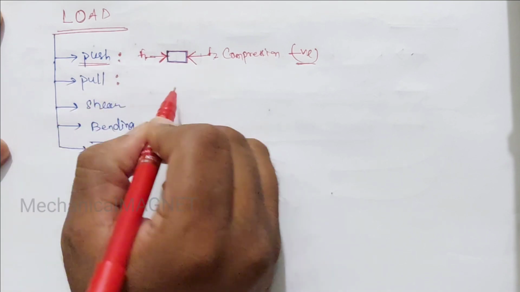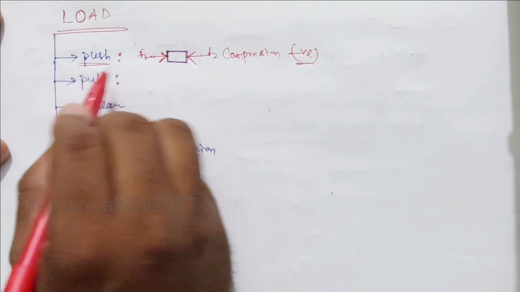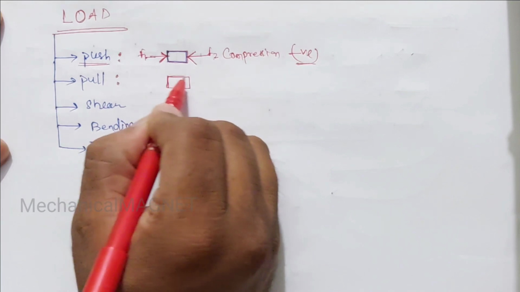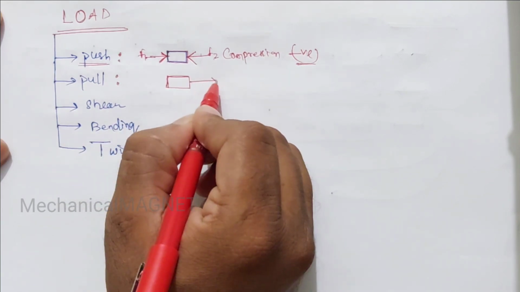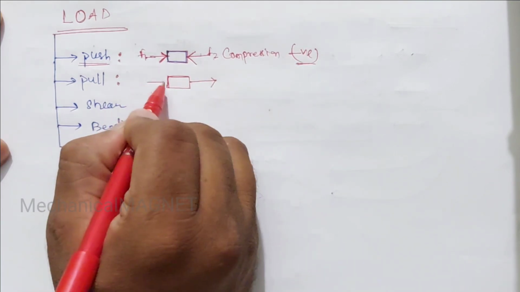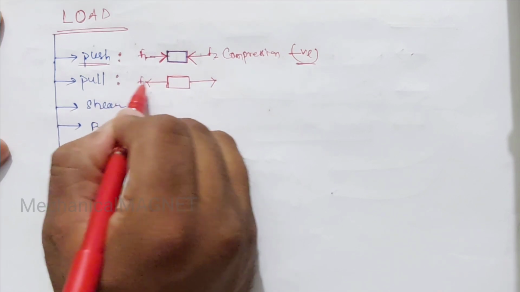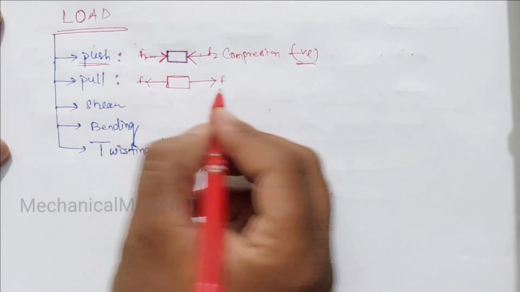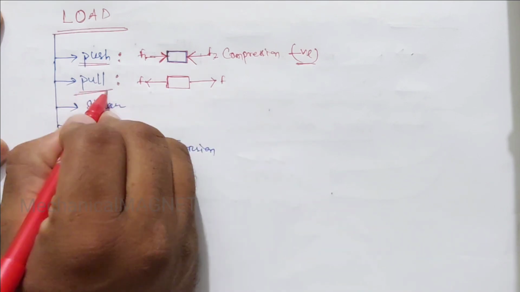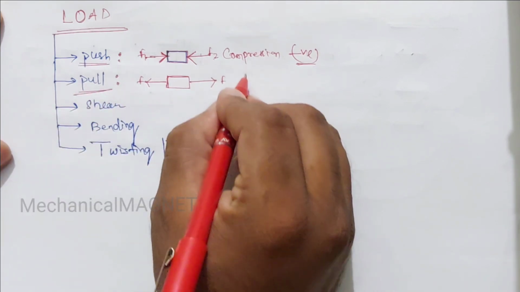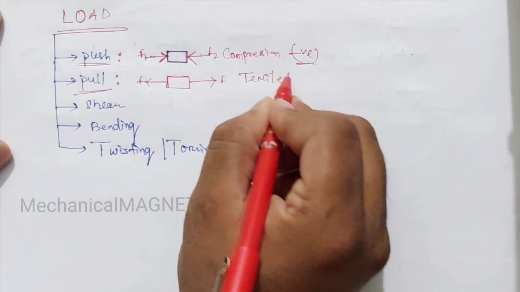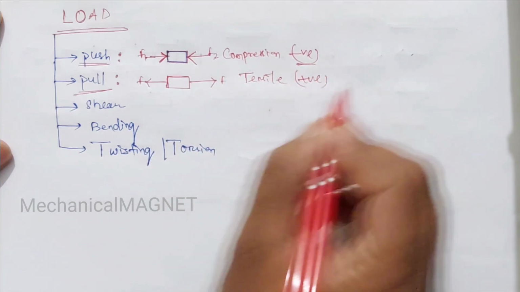And what is the pull load? It is just the opposite of the push load. You can see here, this is a body. When you apply load from this side, and you can see this side, this is the force. So this is, we can say, the pull force, the tensile force, or the positive force.